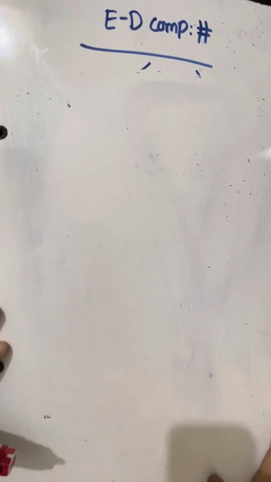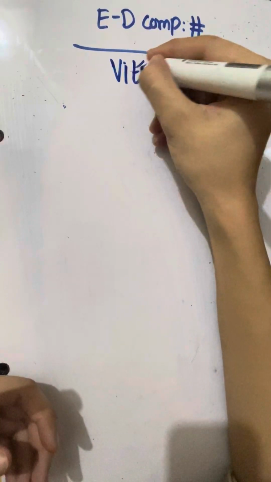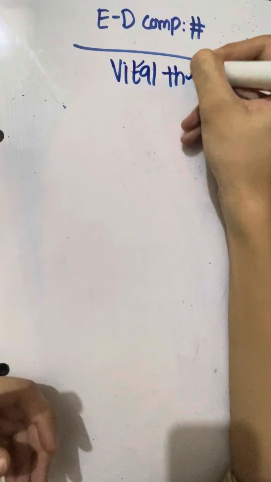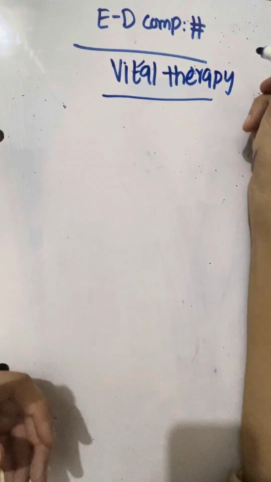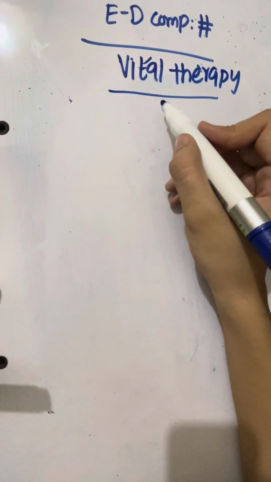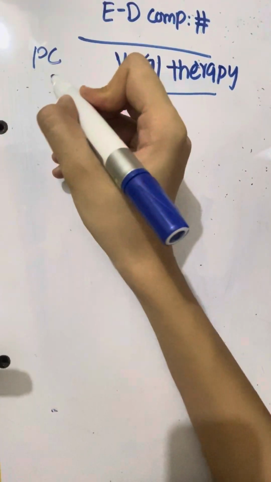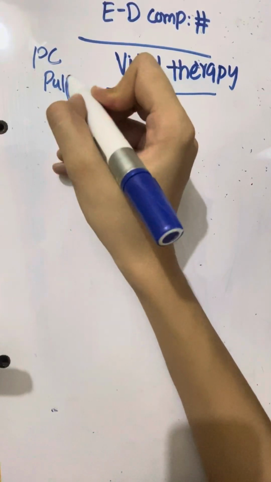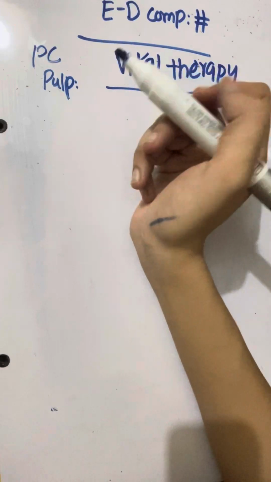First we will discuss vital pulp therapy. Vital pulp therapy means that the pulp is still alive. It is not dead. So vital pulp therapy includes pulp capping and pulpotomy. Then what is the difference between these two if both are vital?